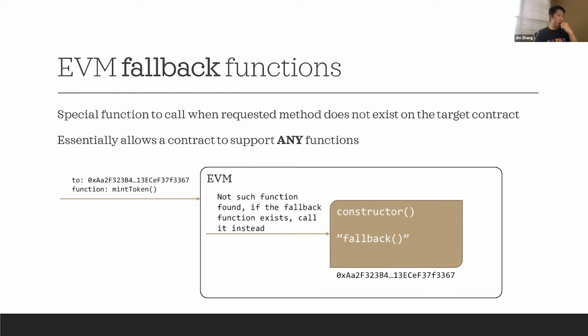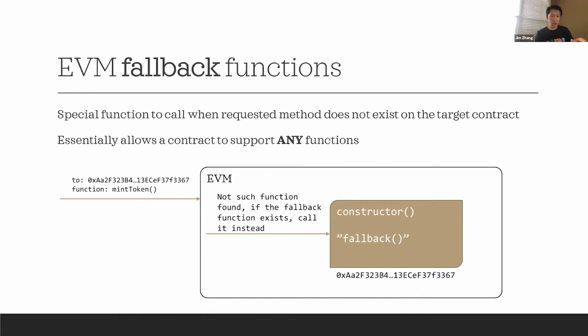The EVM, the Ethereum virtual machine, defines a very useful construct called the fallback function. It's a function that will be called if a request asks for a function that this smart contract does not have. By the way, the fallback function is an optional thing.